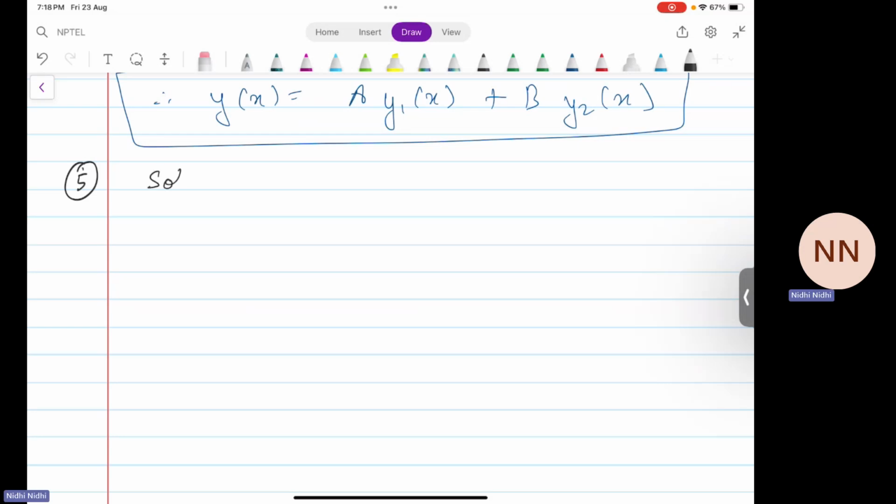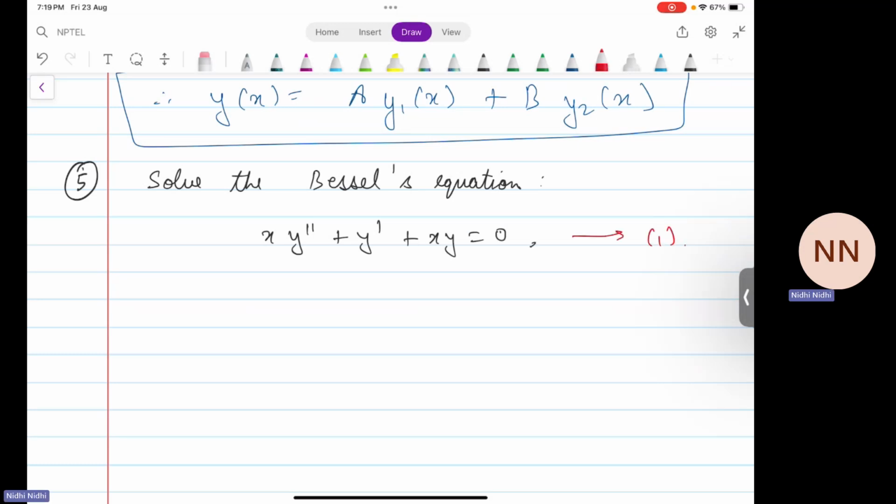The following equation is called Bessel's equation. It is given by x squared y double dash plus x y dash plus x squared y is equal to 0. We'll mark it as number 1.